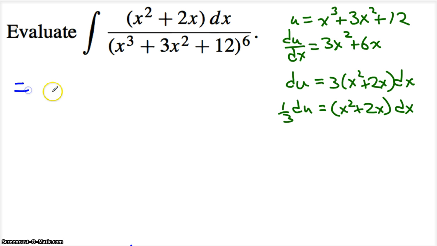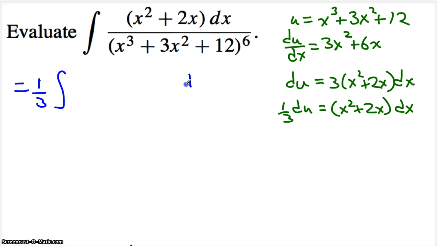Okay, so let's make a substitution here. We have x squared plus 2x multiplied by dx, and our substitution tells us that that's equal to 1/3 du. So I can replace this numerator with 1/3 du. I'll put the 1/3 outside the integration sign here, and I'll replace all of this with du.